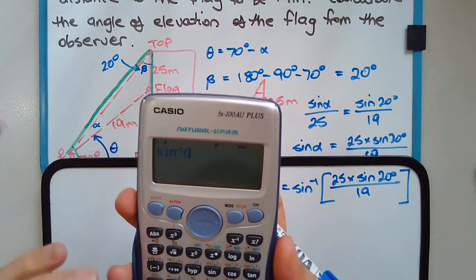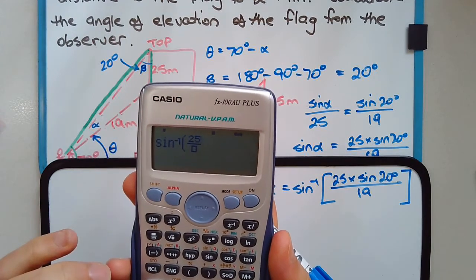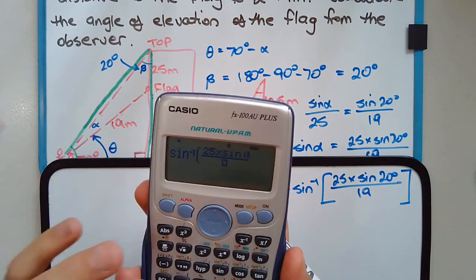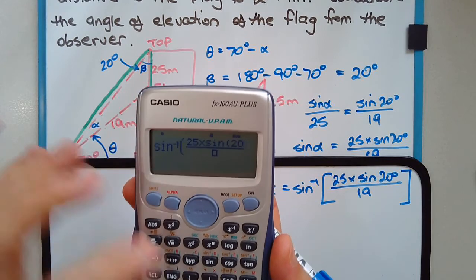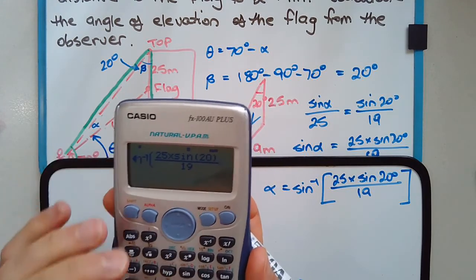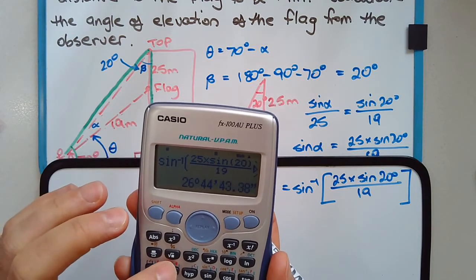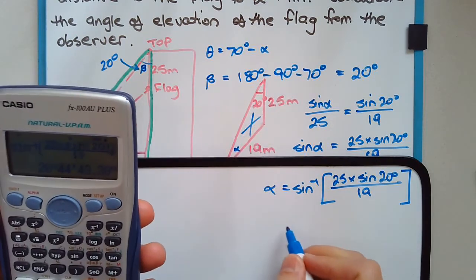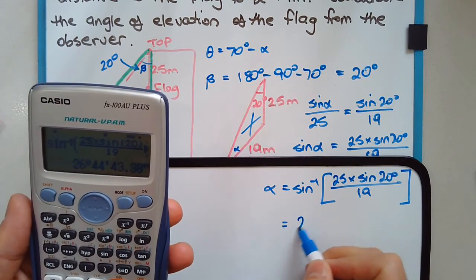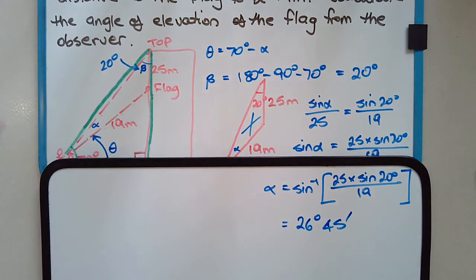So, shift sine, fraction, 25 multiplied by sine of 20, over 19. And we get 26.74. So again, let's round this to the nearest minute. So that's going to be 26 degrees 45 minutes.